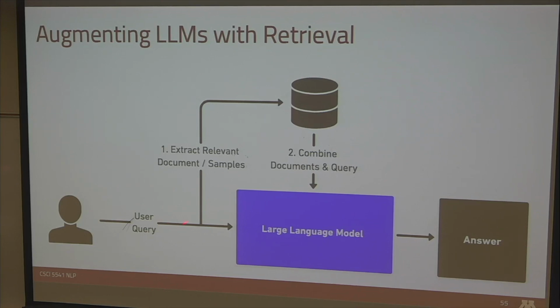But now the retrieval process works by first extracting the relevant samples and documents for the user query, either from the databases or from the search engine, and somehow combining those results with your original query, and that becomes your new augmented input. So the idea is to organize inputs by fetching the most relevant examples that will likely improve the answer of the language model.